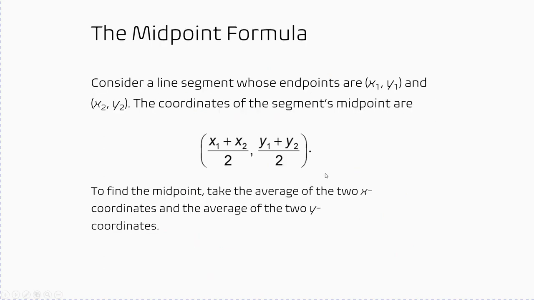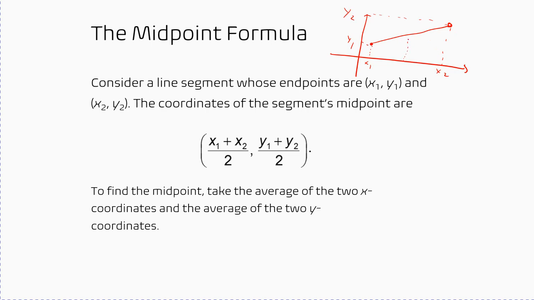Very, very quickly, it's the same thing with the midpoint. So consider a line segment, okay, whose endpoints are x1, y1, and x2, y2. The coordinates of the segment's midpoint, okay, so if you have a line segment like this, this is x1, this is x2, this is y1, and this is y2.